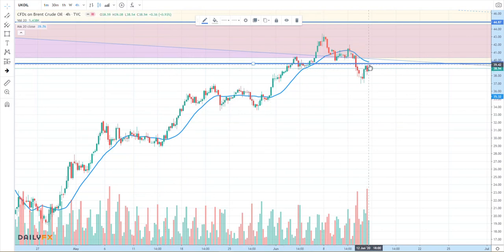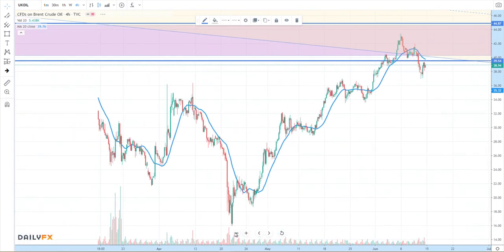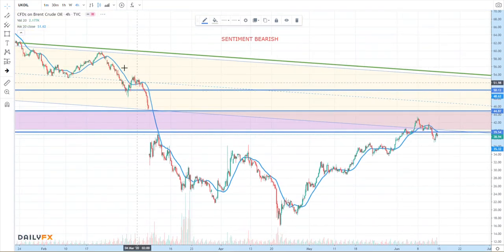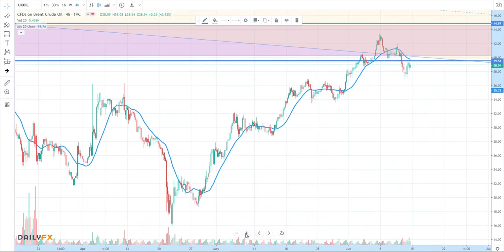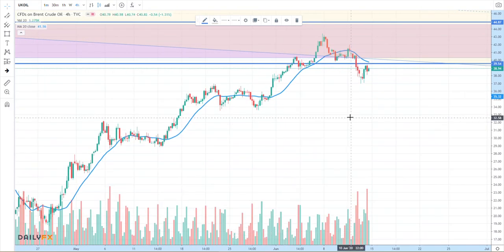But if price stays underneath the fast-moving average, let's zoom out and see when the last time that happened was. Right here, right? Before your last big sell-off, price moved underneath the fast-moving average, boom. It's a really great, simple indicator that can help guide your trades. So yeah, definitely bearish on oil.